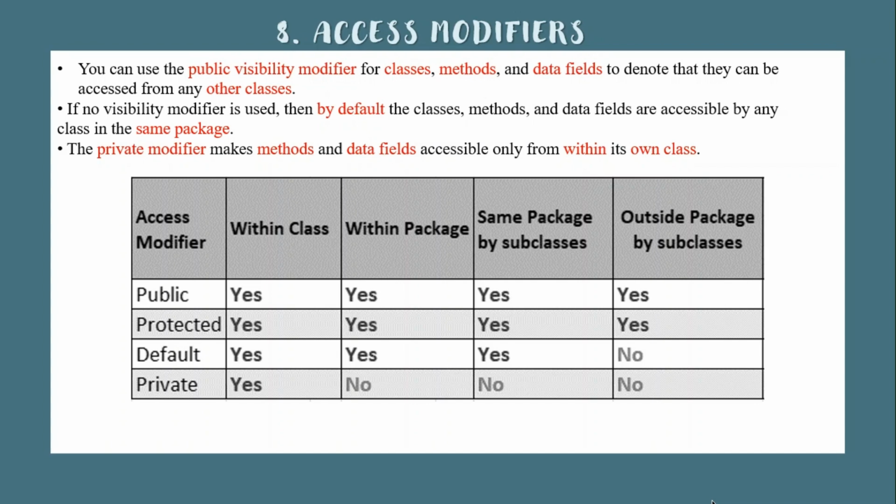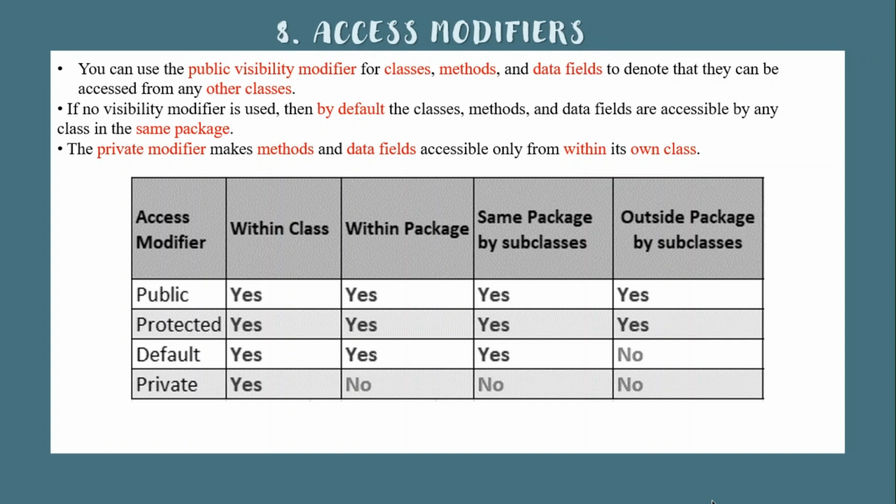And the default modifier. In the last example we did, which is for the class circle, we used the default modifier because we did not use any other modifier, like we did not write public, protected, or private. So the default modifier is used there.